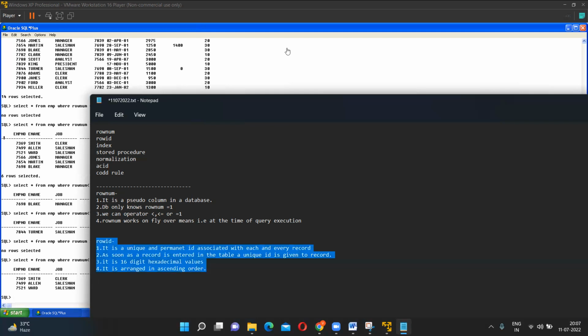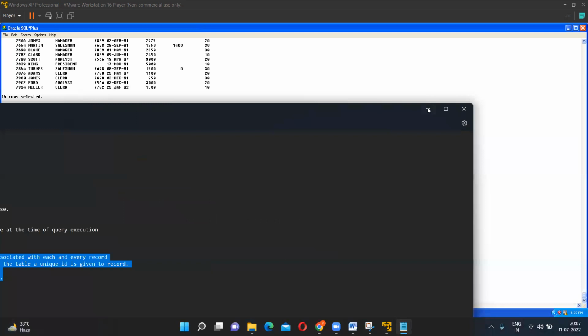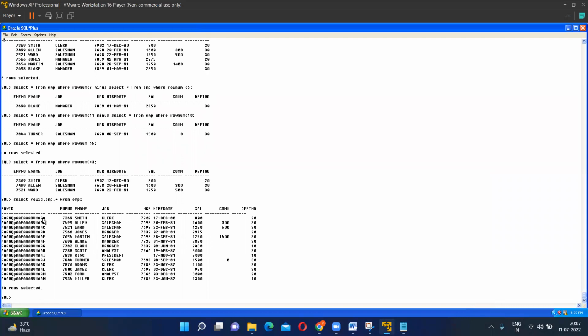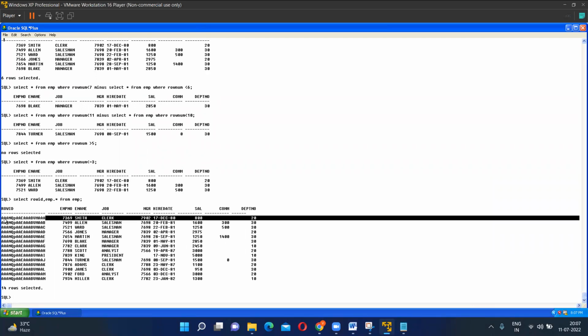Tell me yes or no. Yes. If you are clear with these 4 points, now I want to see the row ID. What will I write? Select rowid, comma, EMP dot star from EMP. These are the row IDs associated with each and every record. It's a permanent row ID.